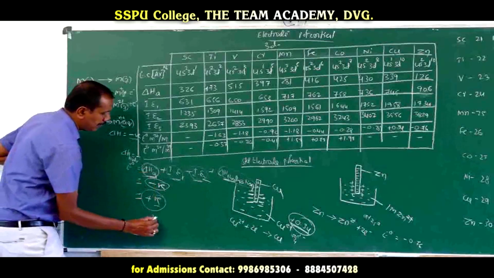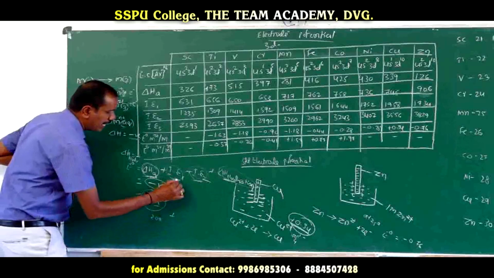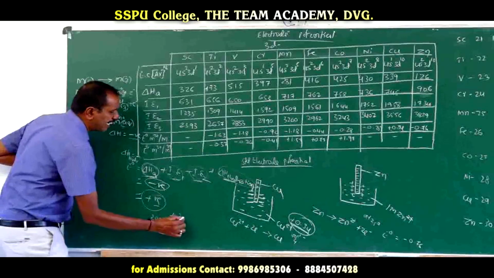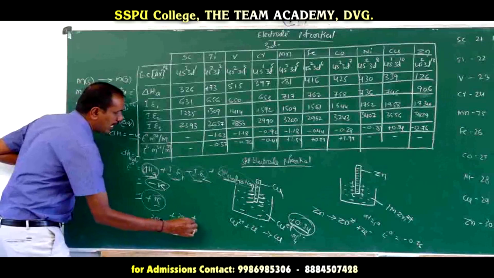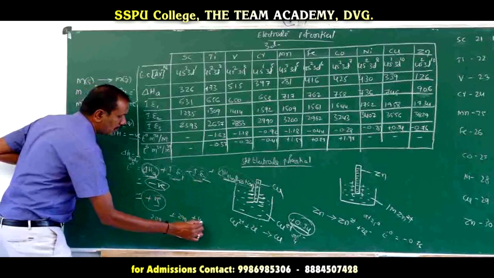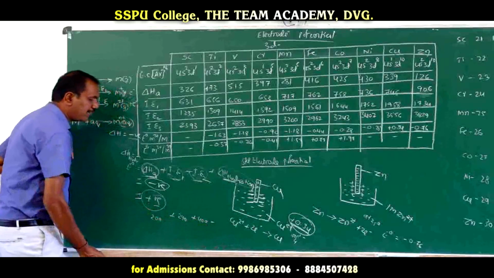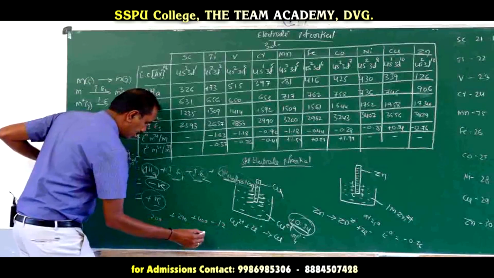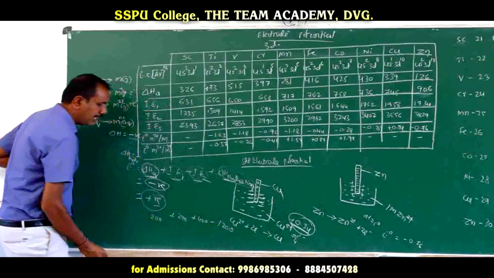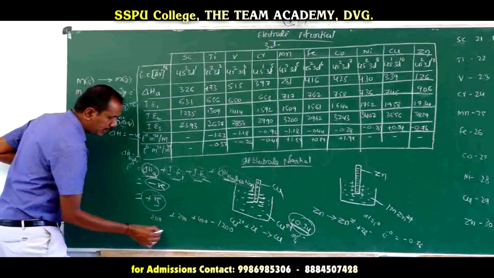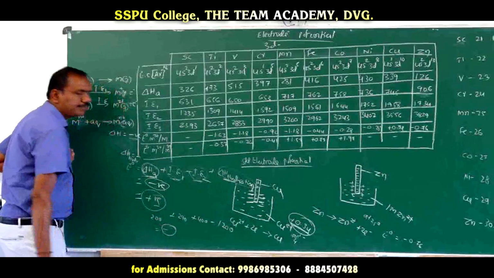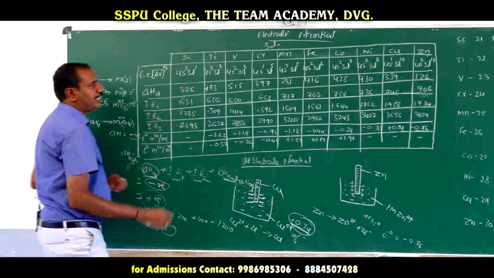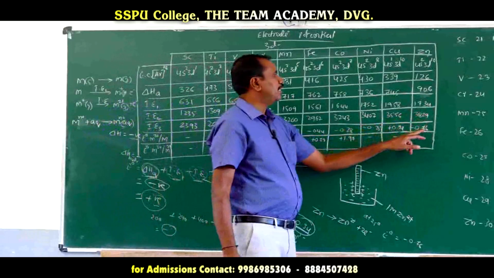Simply we can calculate that. If delta H of atomization is 200, IE1 is 290, IE2 is 400, and delta H of hydration is minus 1200, then finally the answer becomes negative. So why does zinc have a negative SRP value?